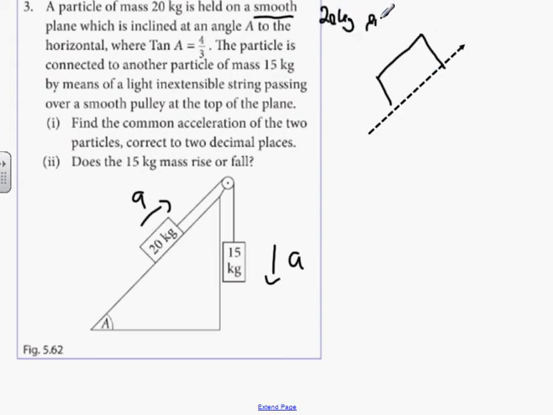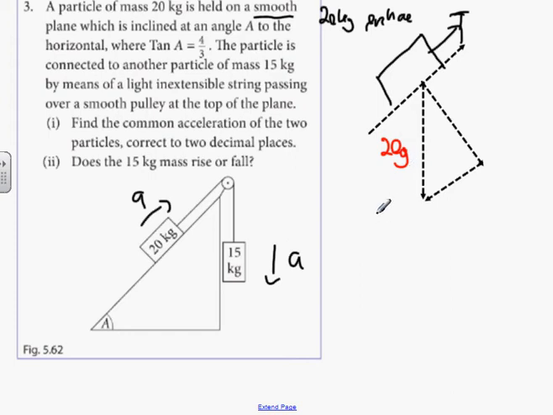So the 20 kilogram particle has what going on with it? It has tension pulling it up, and then what way is its weight acting? Its weight would be acting in this direction here, straight down. So what is the weight of a 20 kilogram particle? 20g, or 20 times 9.8.